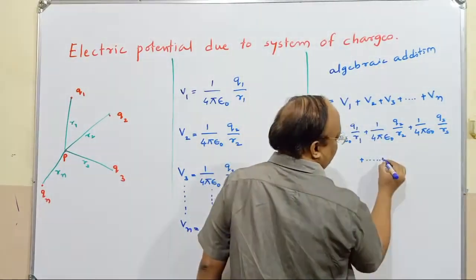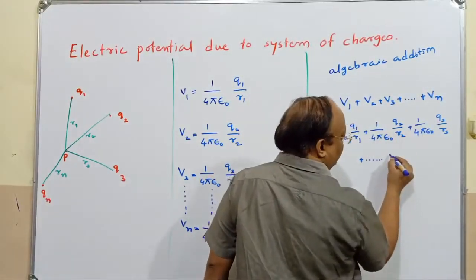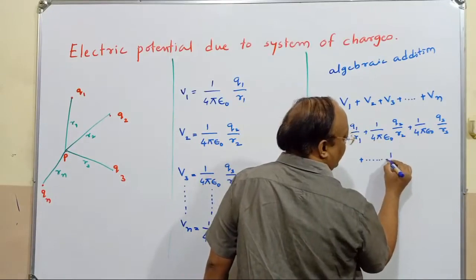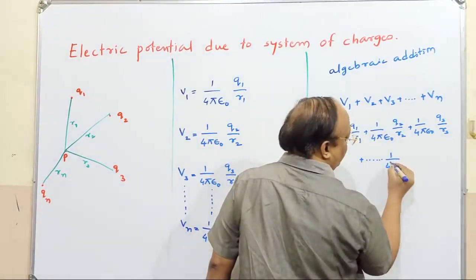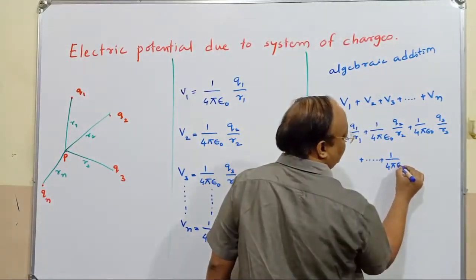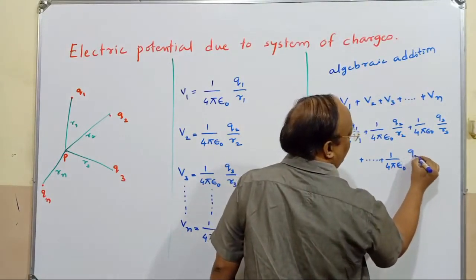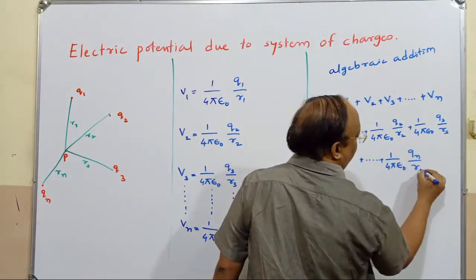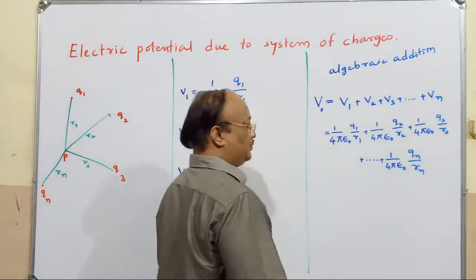Like this, for the nth charge, it is 1 by 4 pi epsilon naught Qn by Rn.